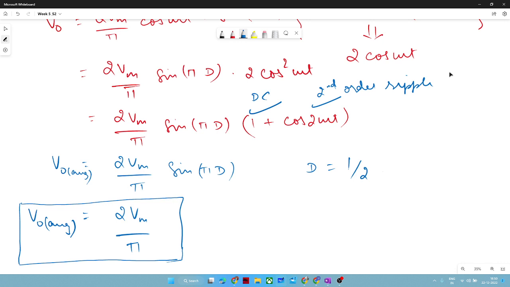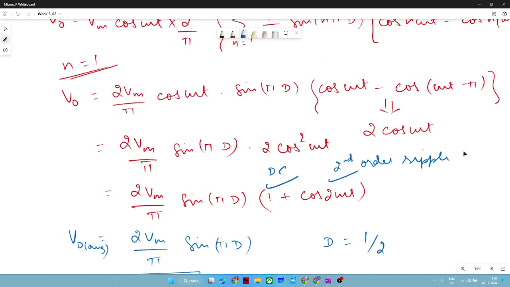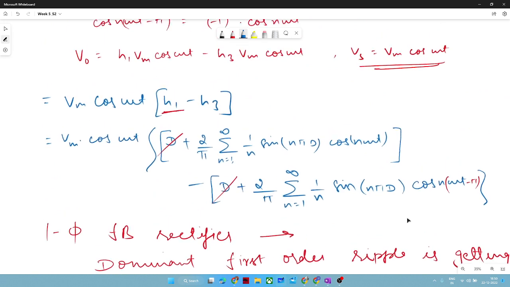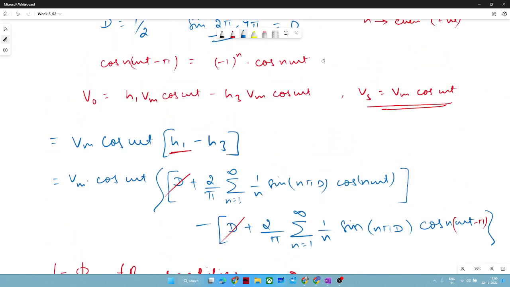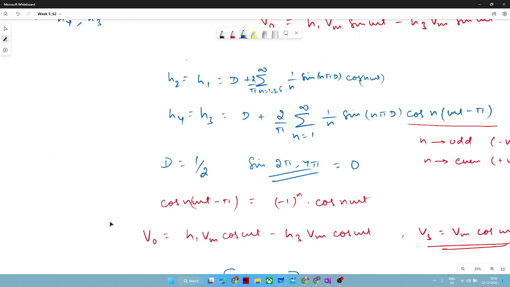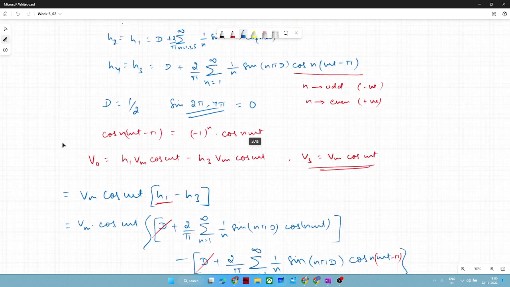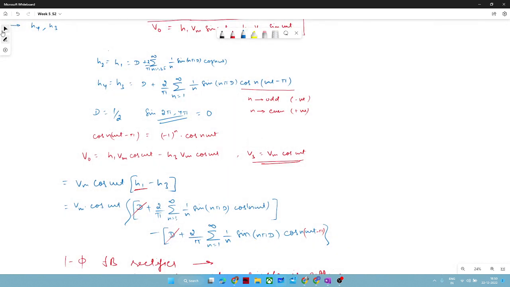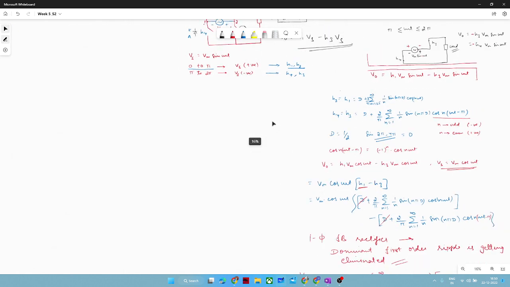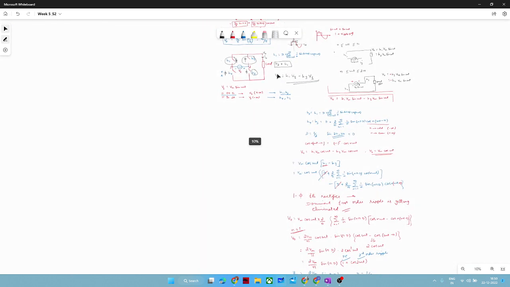Why do I need to write down the Fourier series of the source current only? Why not other parameters? Why only source current? For that, I will provide the reason here. Just let me bring the circuit back. Yeah, here it is.